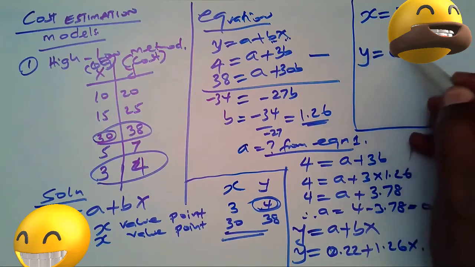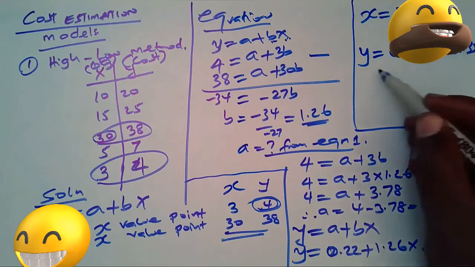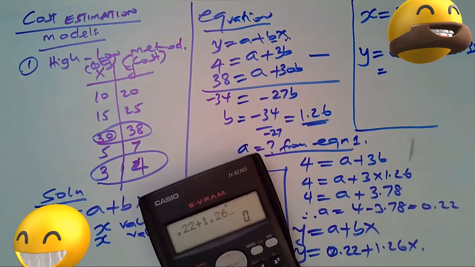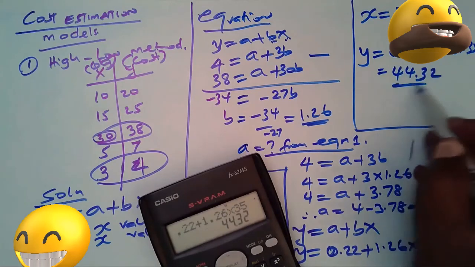My y should be equal to 0.22 plus 1.26x. x is 35, so this will be 0.22 plus 1.26 times 35. So I'll be able to predict my costs very well. Remember, the topic of the day is cost estimation, and that brings us to the end of our class today, which is the high-low equation.